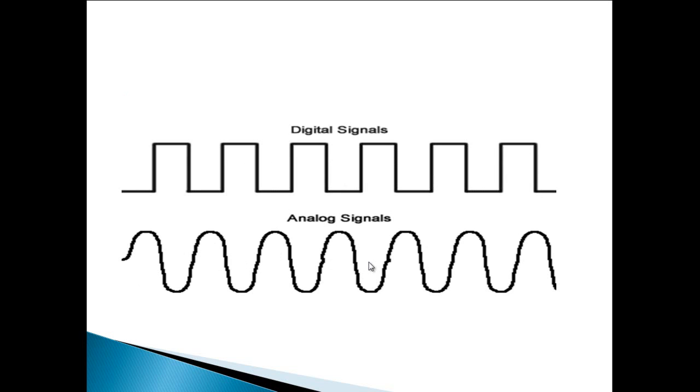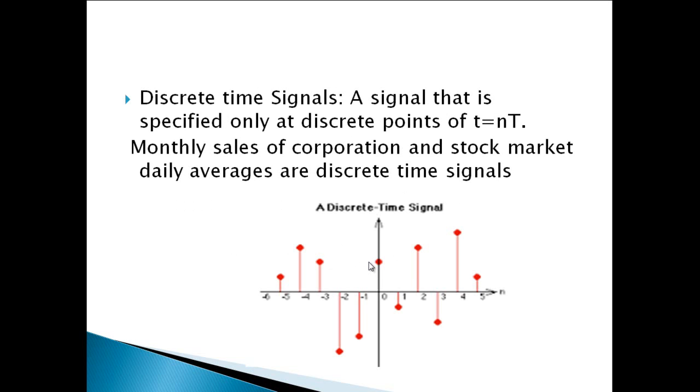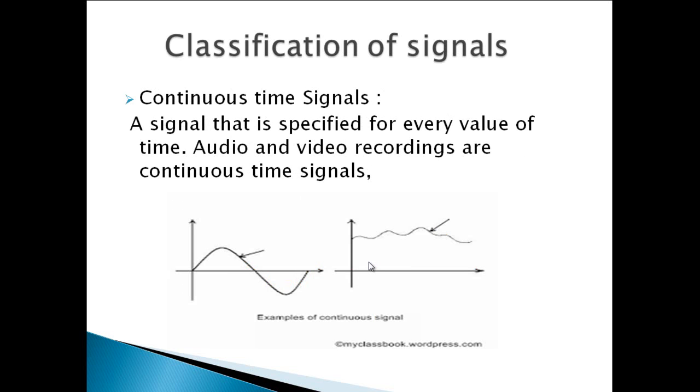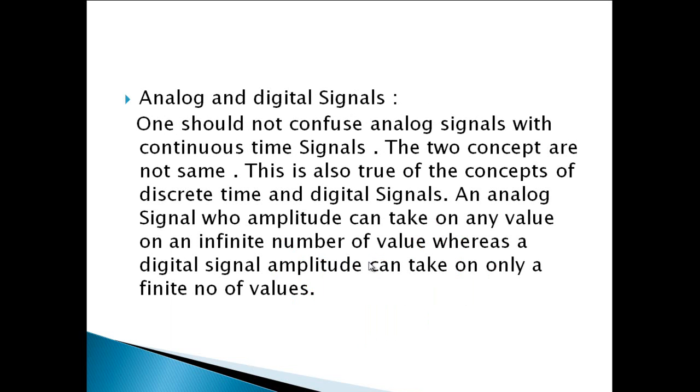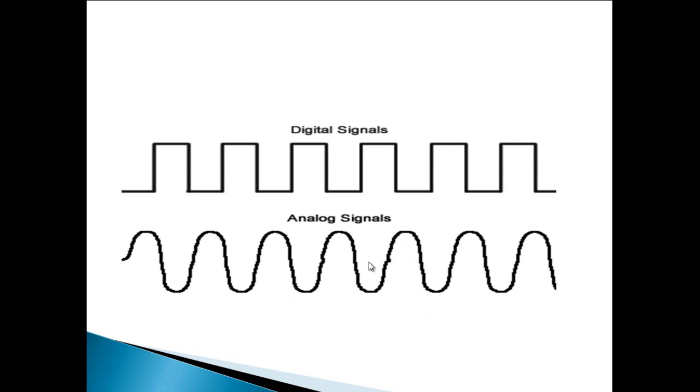In continuous time signals, you consider the time axis. Whereas in analog signals, you consider the amplitude. So your amplitude should be continuous. Here, time is not a constraint. Similarly, an analog signal can also be a discrete signal.